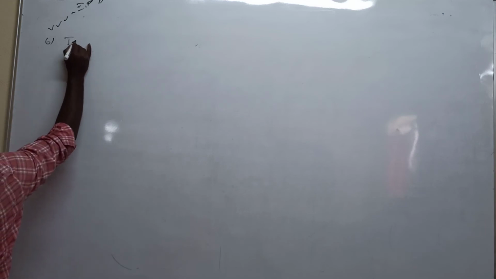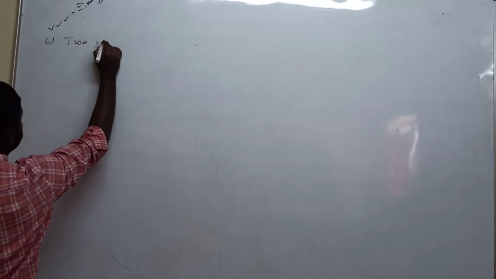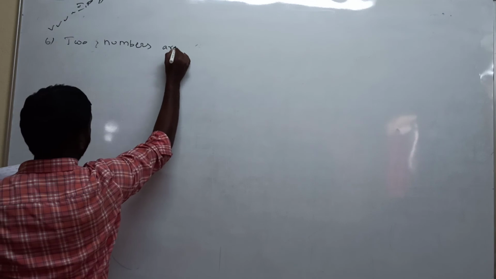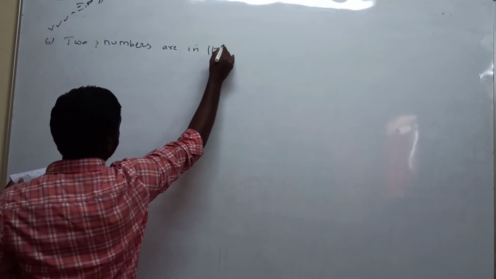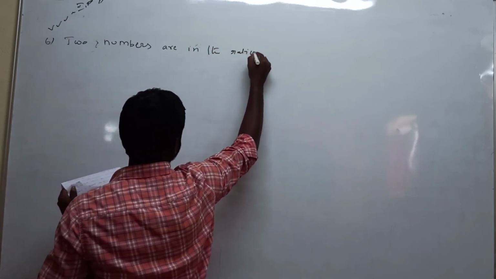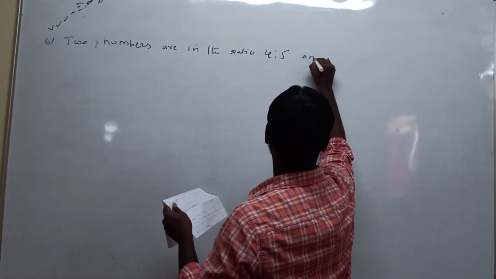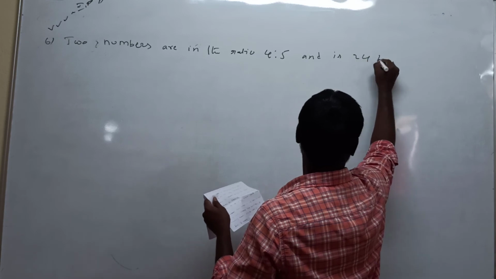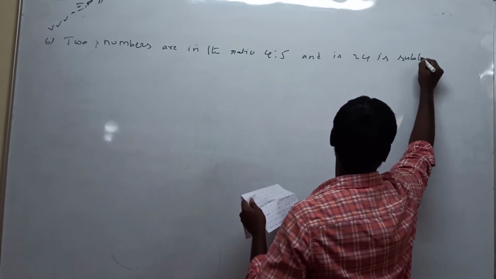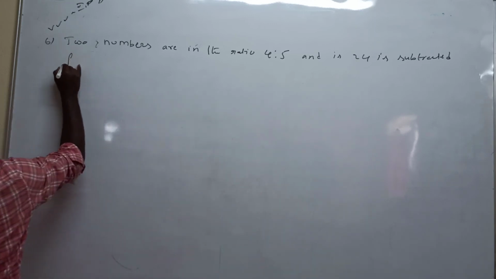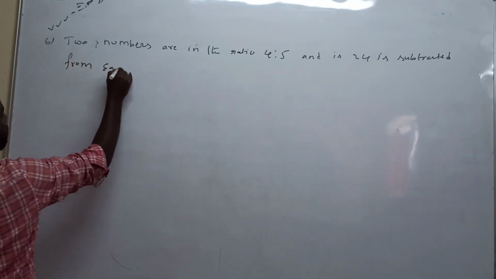The sixth question: two numbers are in the ratio 4:5. 24 is subtracted from each of them.